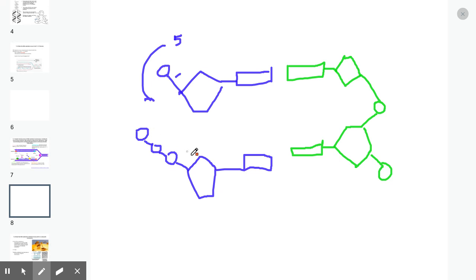In order for this to form that covalent bond here with the help of DNA polymerase 3, it needs the energy in the bonds, kind of like ATP, adenosine triphosphate. This is deoxynucleoside triphosphate. It needs the energy in the bond between phosphate number 1 and phosphate number 2.